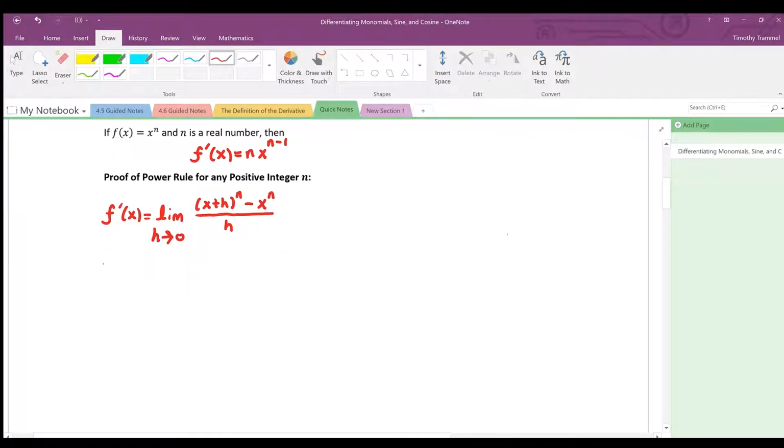Our next step is probably the scariest looking step. What we're going to do is expand this x plus h to the n, and I'll explain where it comes from in a second.